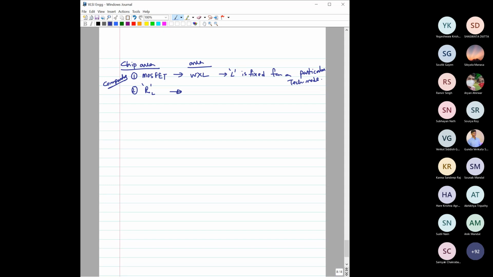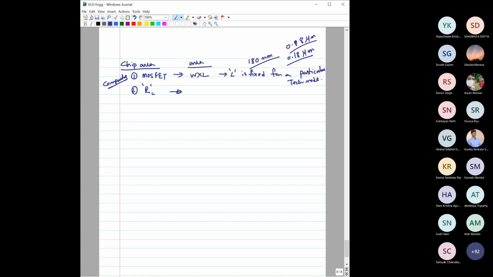Your gate length should be the same for a particular technology node. What you can do instead is play with the width. So if you are thinking about the technology node, it is 180 nanometer, which means 0.18 micrometer. If L is 0.18 micrometer, W is also 0.18 micrometer. Then you can multiply these two and get the area.